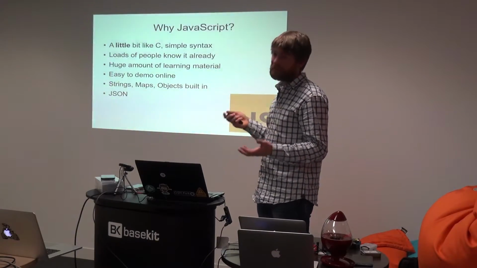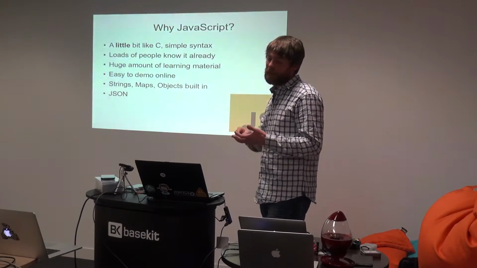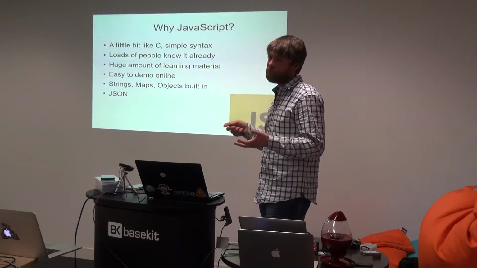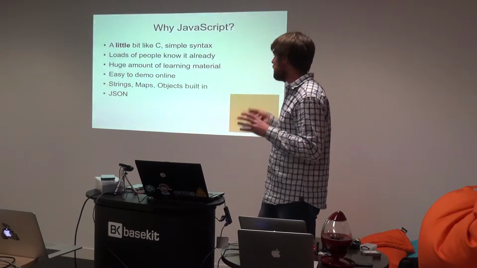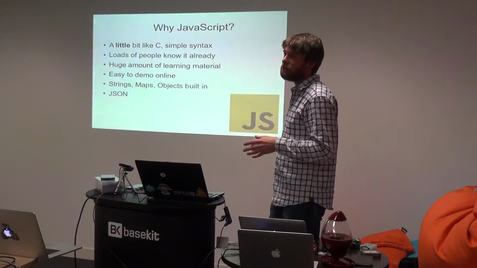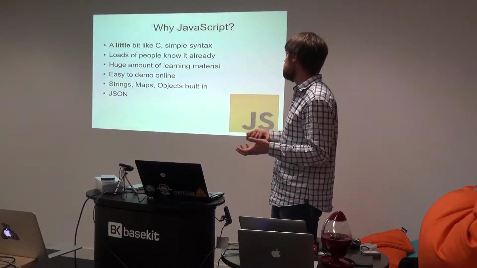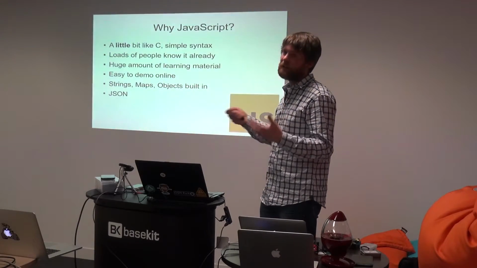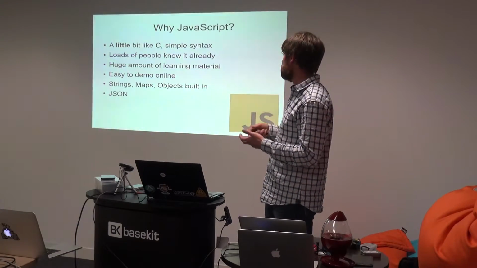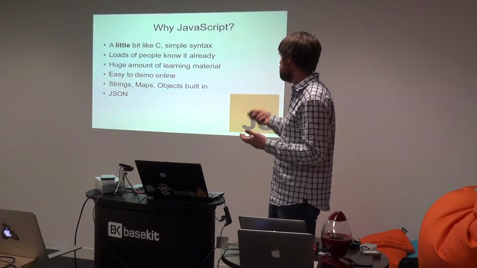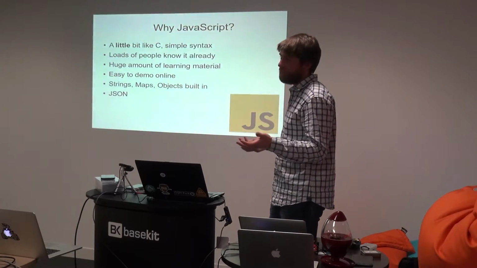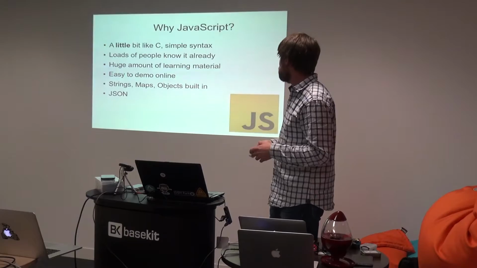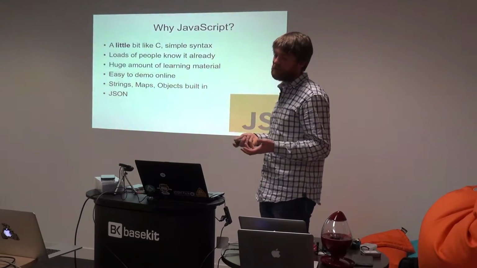One of the nice things is that it comes with maps, objects and strings built in, in one way that works and that everyone uses. If you're using something like C++, you might well find that if you're pulling in different projects, some will use C strings, some will use wide character strings, some will use standard library strings. So it's nice and easy to get started with.